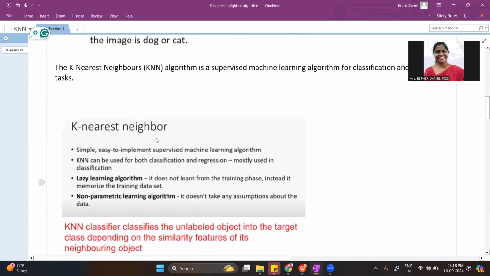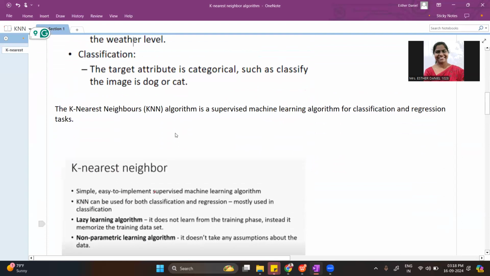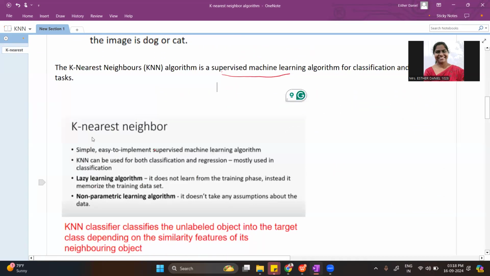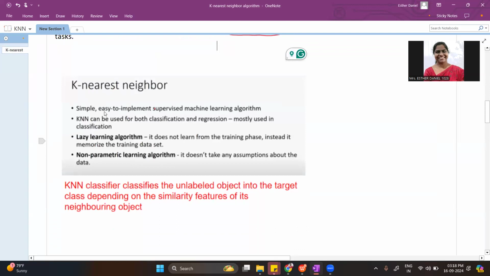So what is this K-nearest neighbor algorithm? K-nearest neighbor algorithm is a supervised machine learning algorithm used for classification and a few regression tasks too. It is a very simple and easy to implement supervised machine learning algorithm. It can be used both for classification as well as regression, but mostly for classification.